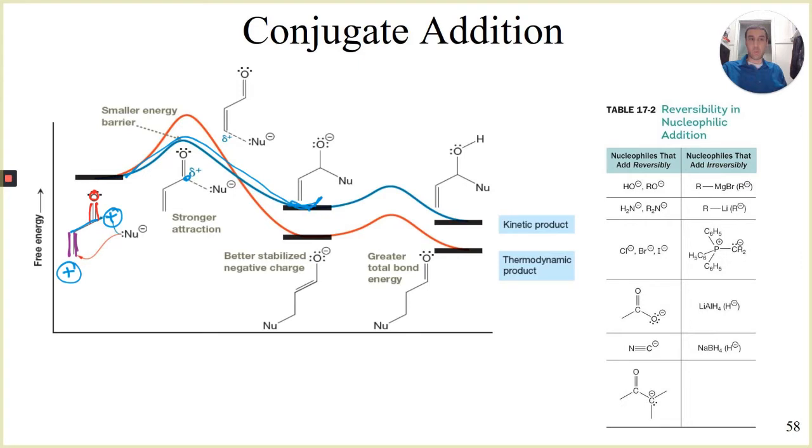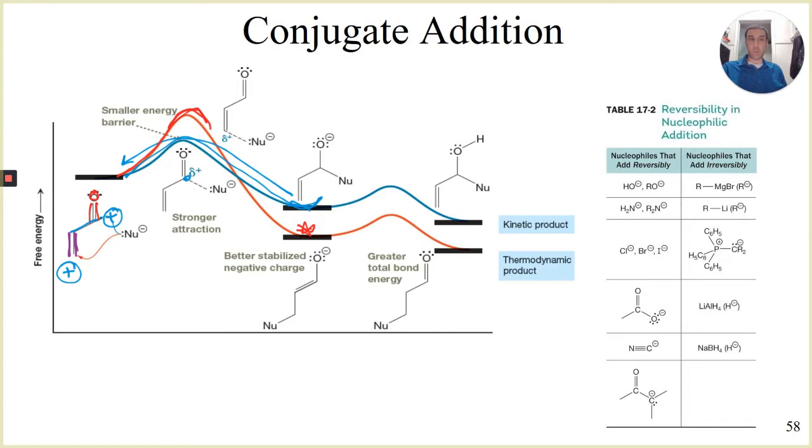But because they add reversibly, that reaction will revert back to starting materials. Some small percentage will clear the activation barrier to go to the thermodynamic, but the thermodynamic is now irreversible because it is lower in energy, which means proportionally you see a massive shift towards the thermodynamic product coming out of it.